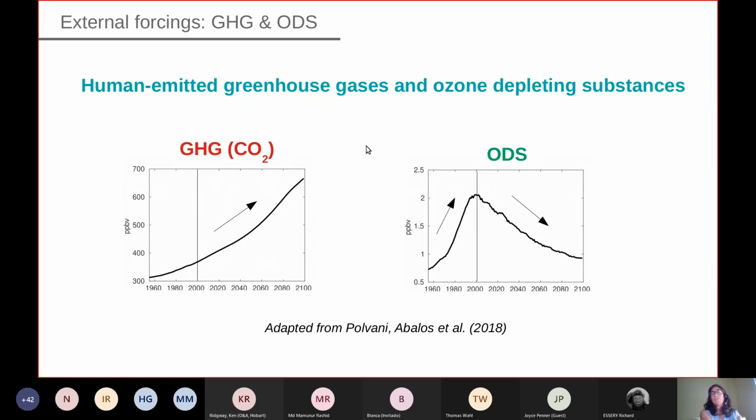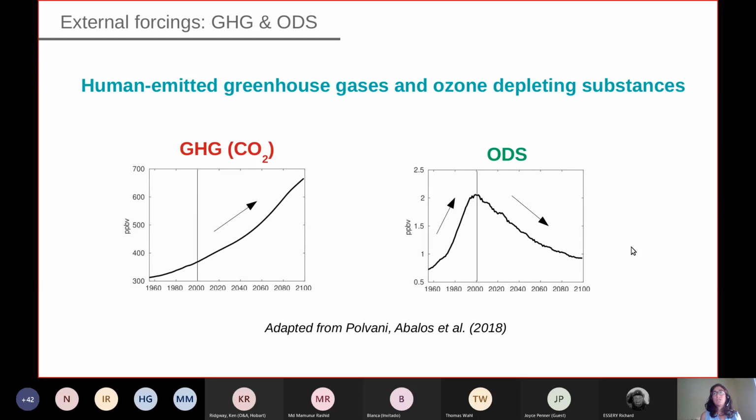And these have a very different temporal evolution. As you can see, they increased very rapidly in the last decades of the 20th century. And after that, they are already starting to decrease, and they're projected to continue decreasing.